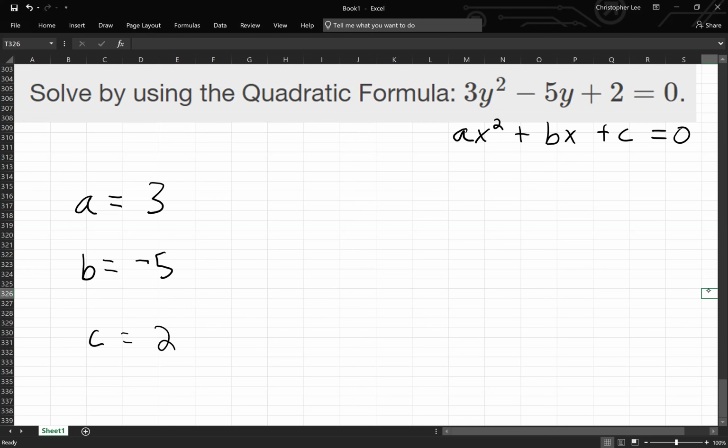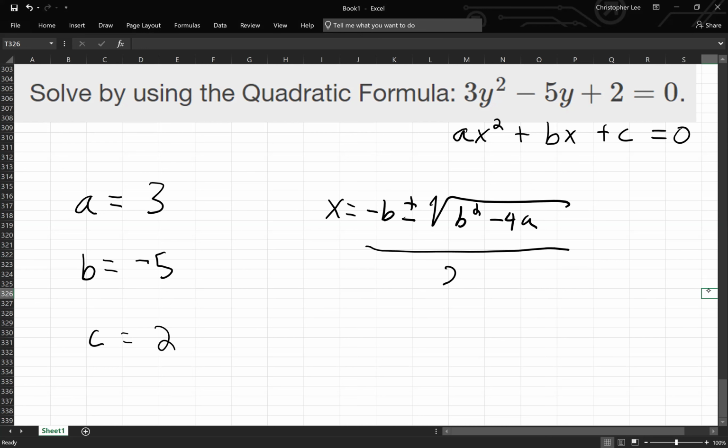After that, just jump straight into the formula. All right. So x is equal to -b plus or minus the square root of b squared minus 4ac, all divided by 2a. Plug in the numbers here. Nothing crazy.